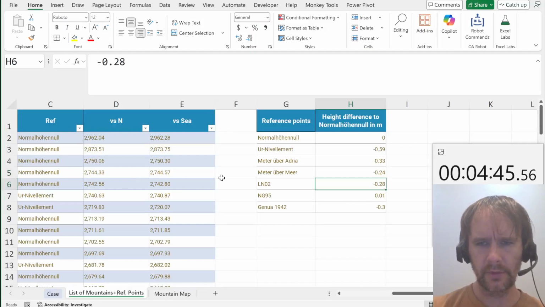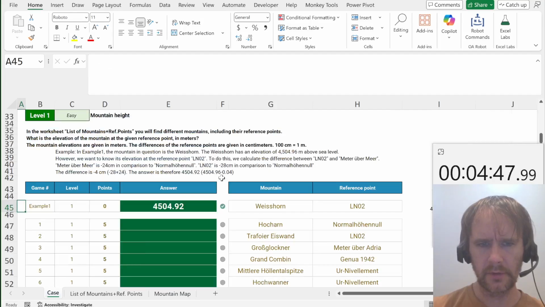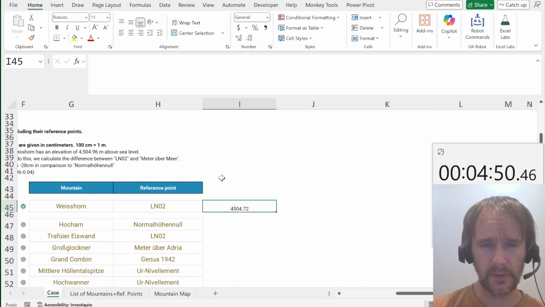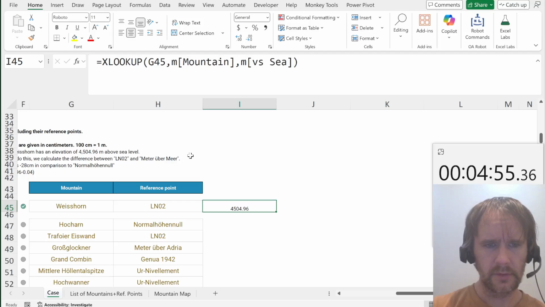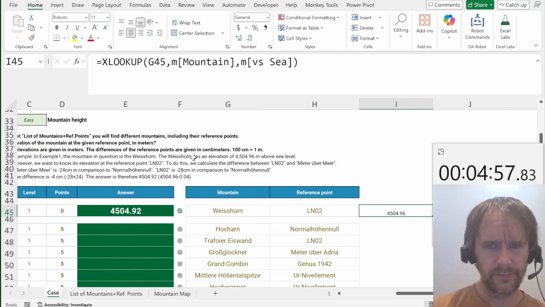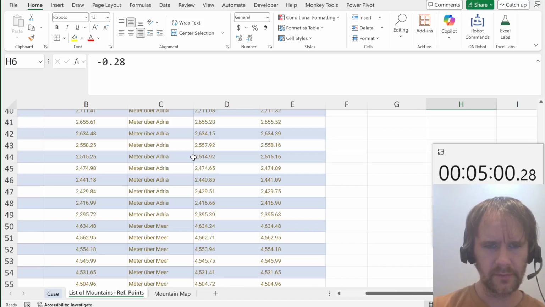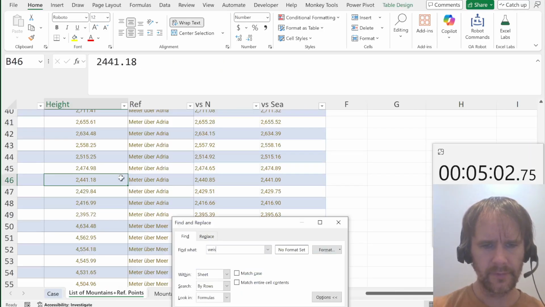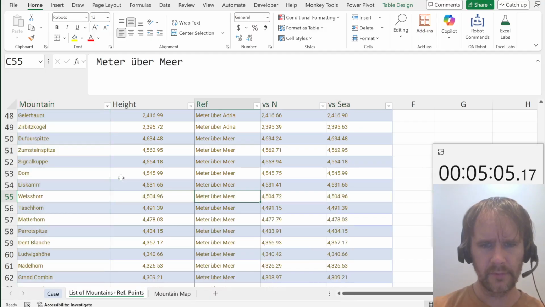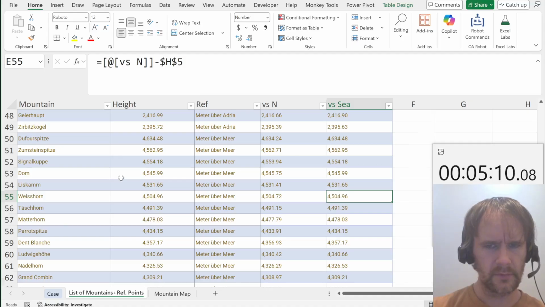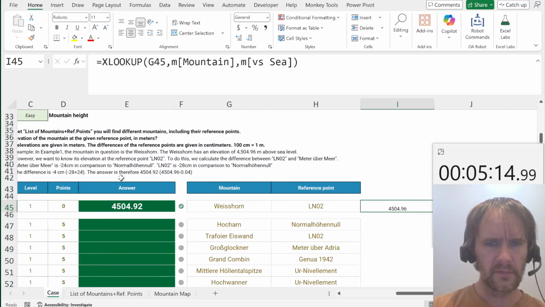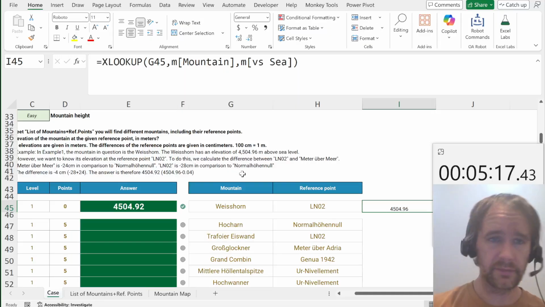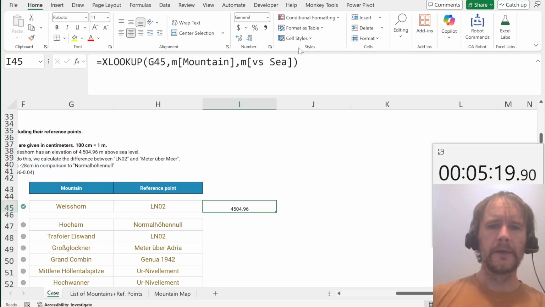So LN2 is 4 centimeters lower, so we lower it by 4 centimeters. Okay. So if I do versus C, no, this is not making sense. That above sea level. God, I don't know.